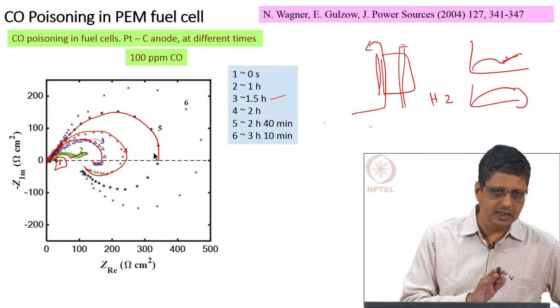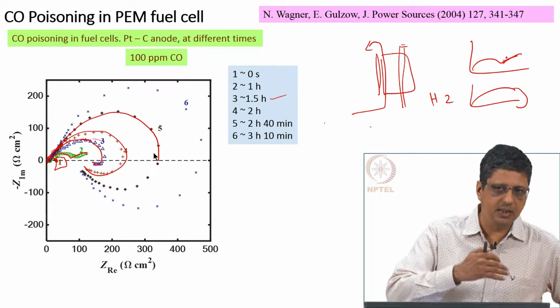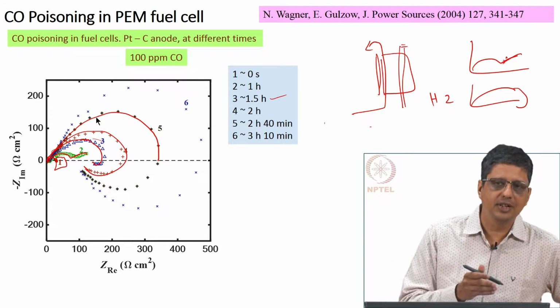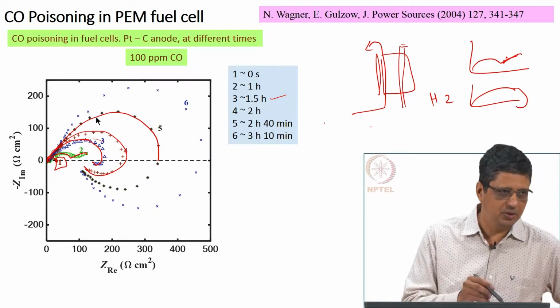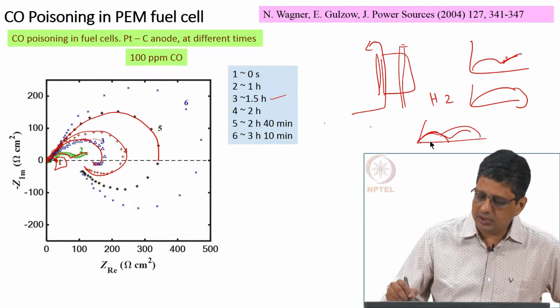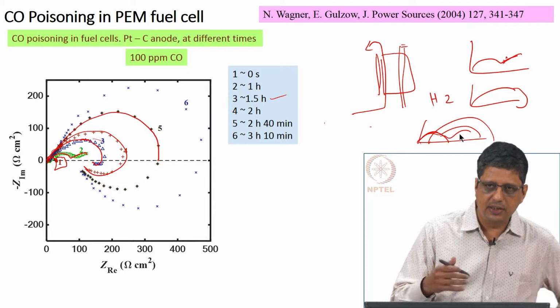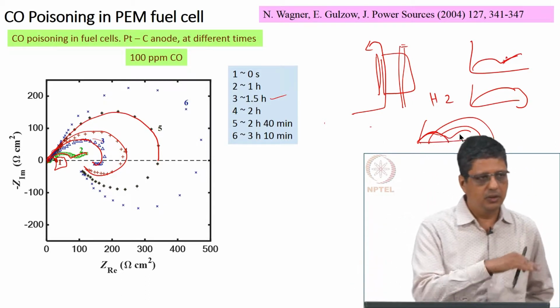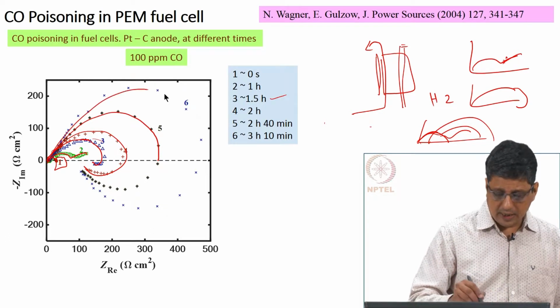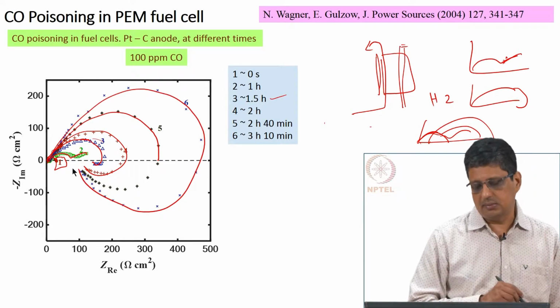It is not even distorted semicircle, like it is not depressed semicircle where it is just pushed down. It is actually, you can visualize this as 2 semicircles merged together. One is a smaller semicircle, another is changing with time. Initially it was small, later it was larger, later it was even larger. Therefore, it looks like a distorted semicircle, and at even later time it goes like this.